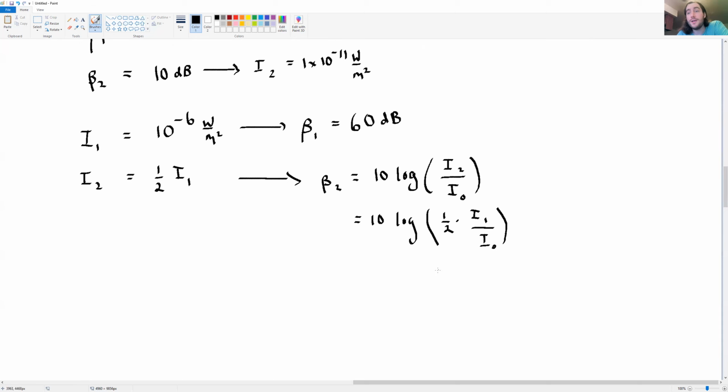And by the properties of logarithms, I can break this logarithm into the following two logarithms. I have the product of two numbers in the logarithm, so I can break that into a summation of logarithms of each individual term.